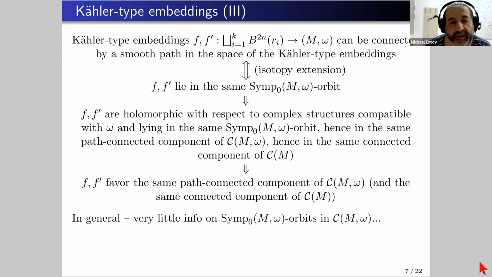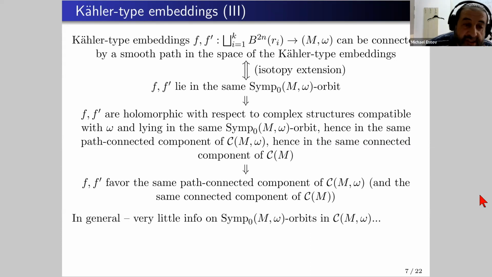And in general, we have very little information about these symplectomorphism orbits. If you go back to the original restriction, that they lie in the same symplectomorphism orbit, we have in general very little information about symplectomorphism orbits of complex structures.